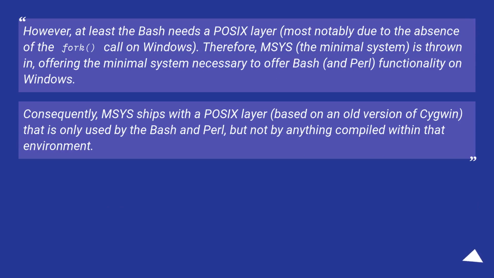Therefore, MSYS, the minimal system, is thrown in, offering the minimal system necessary to offer Bash and Perl functionality on Windows. Consequently, MSYS ships with a POSIX layer, based on an old version of Cygwin, that is only used by Bash and Perl, but not by anything compiled within that environment.